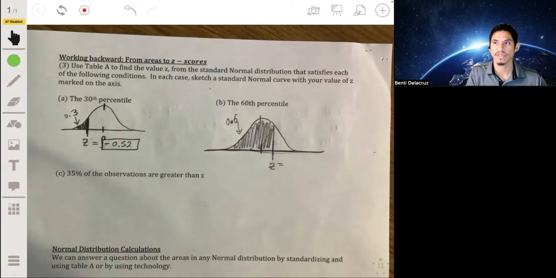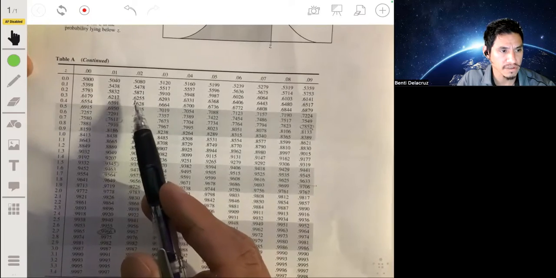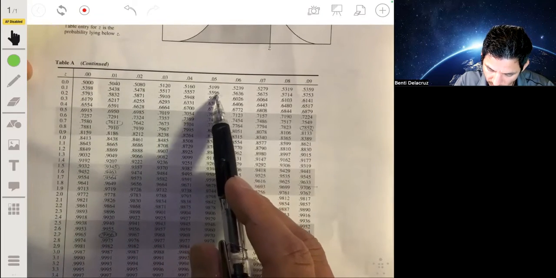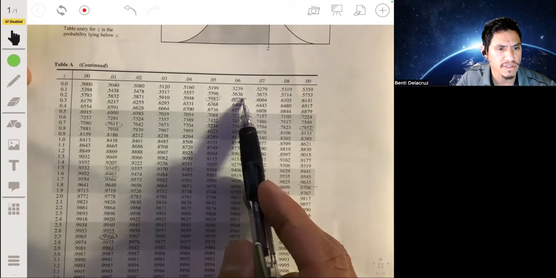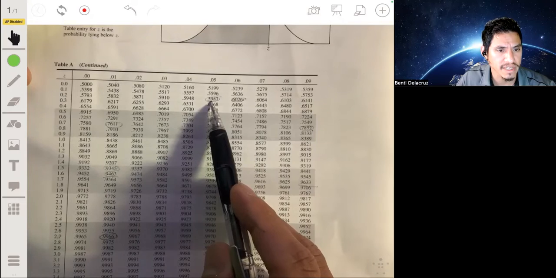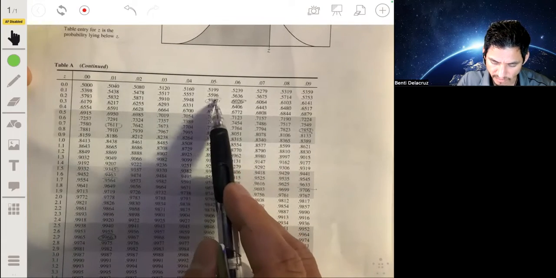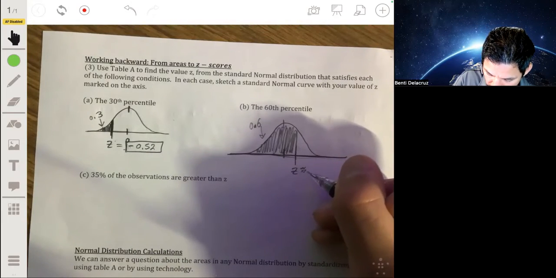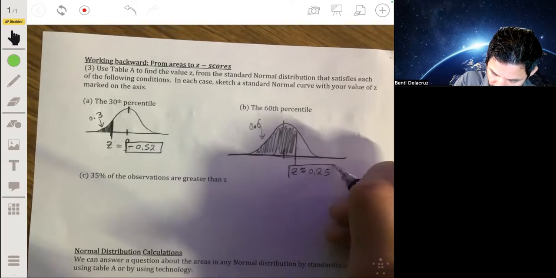So again, we look at our normal table. We look for the value in the middle that's closest to 0.6. So we're going up, and here we have 0.5987 and 0.6026. The one that's closest to 0.6 is the 0.5987, and the z-value that goes with that is 0.25. So we can say, approximately, z is 0.25.